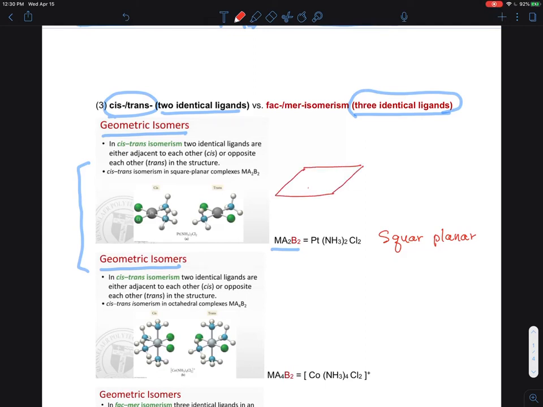I'm going to put the metal in the center and highlight the B, which is the one I'm going to focus on, and then this is a B on the neighboring side. In the square planar structure, that's what we call the cis. And if you have a square planar with the metal in the middle, and the B stands here and another B on the opposite side, that's what we call the trans.